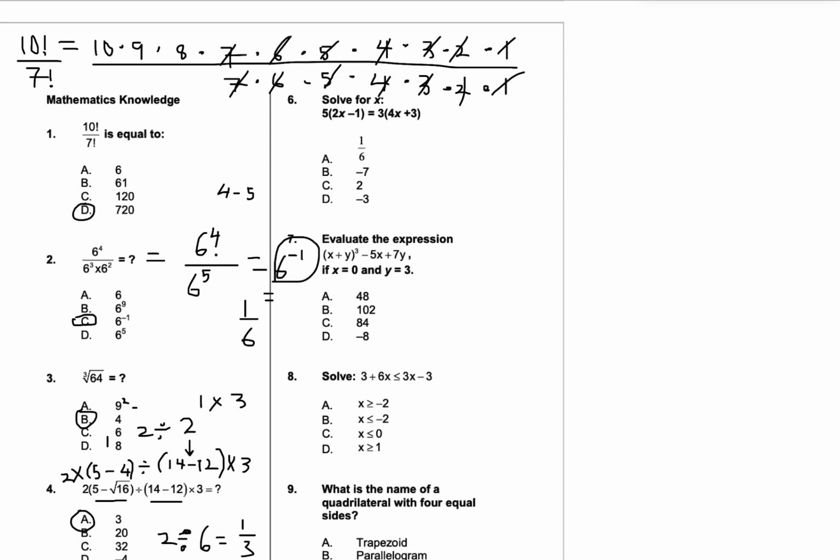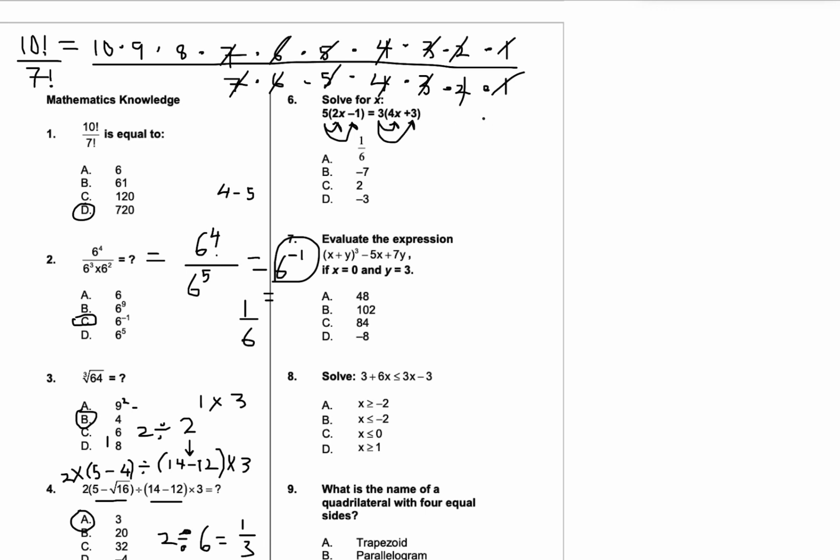And then number 6 is another algebraic simplification, right? So we can expand this out, which is we just take this 5, multiply it by this 2x, take that same 5, multiply it by the negative 1. We'll do the same on the right side as well. Take the 3, multiply it by the 4x, and then do the same for the plus 3.